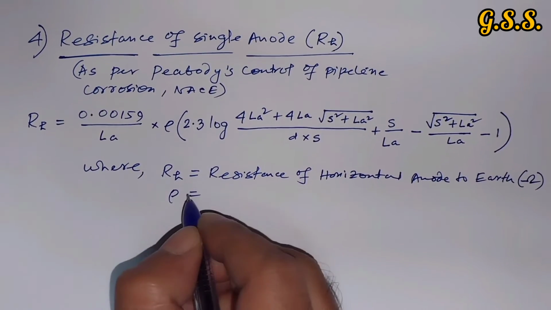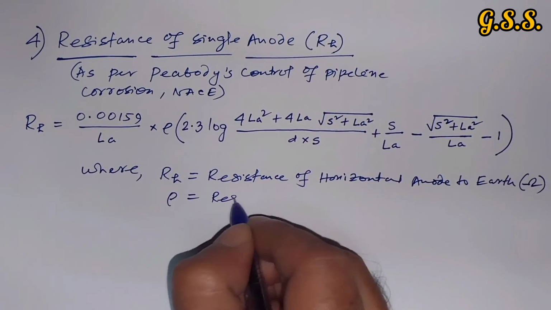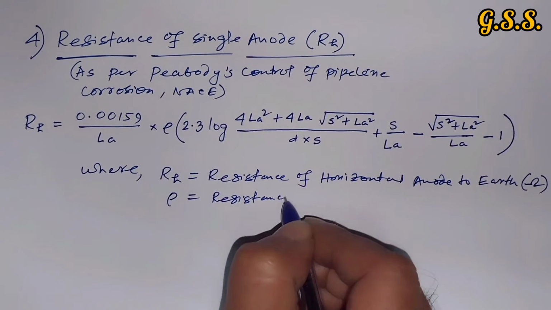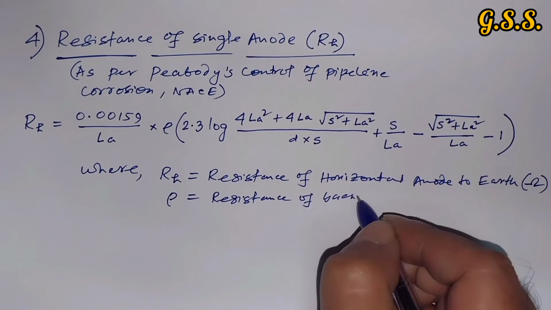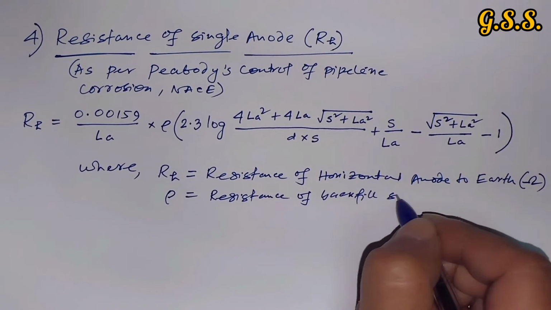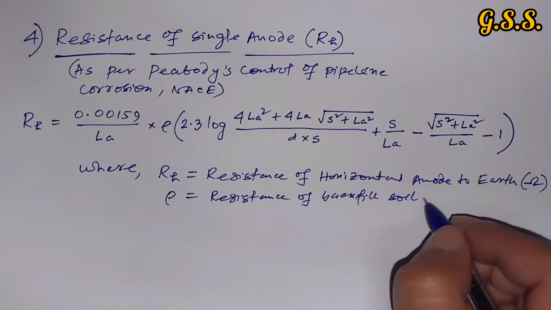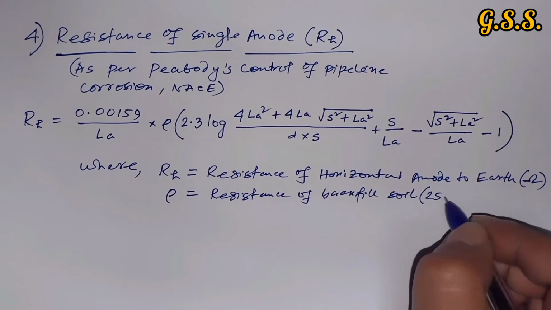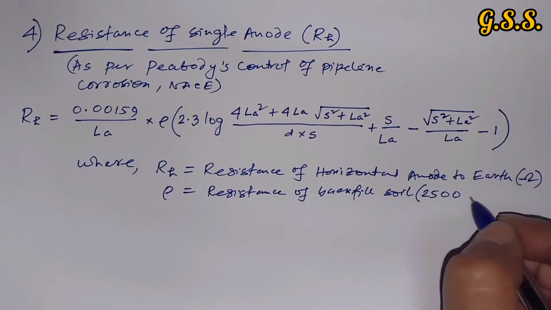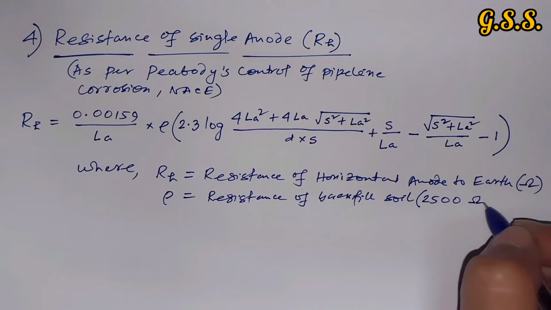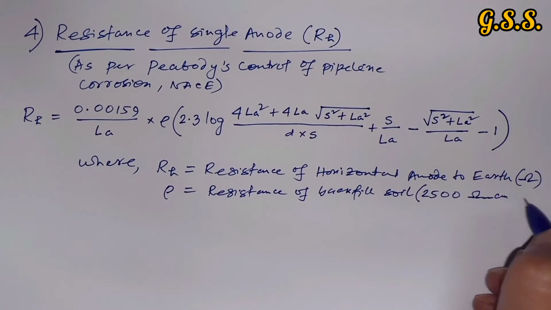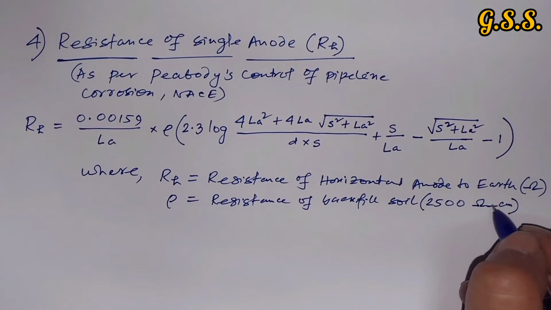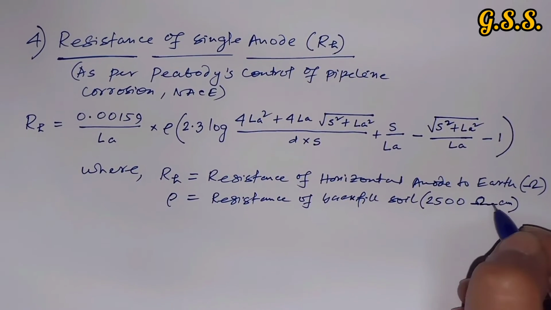Rho equals resistance of backfill soil, say it is 2500 ohm centimeter as per the soil test report.